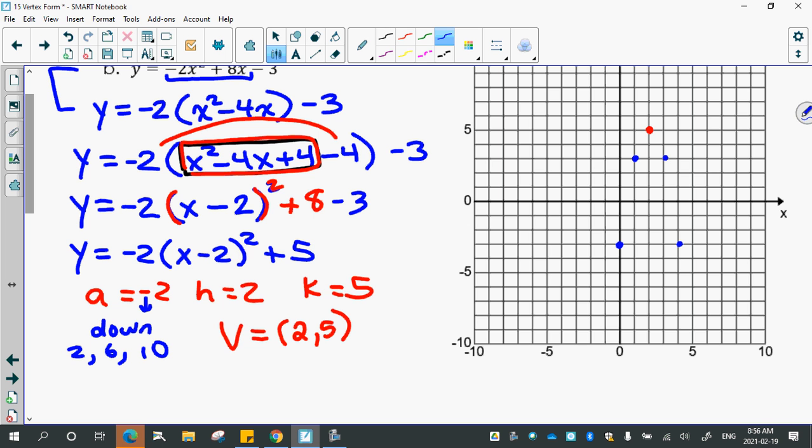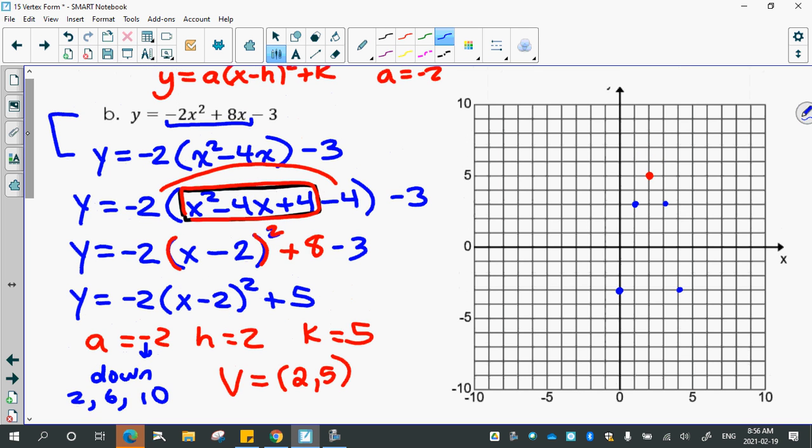I hit the y-axis though, so my y-intercept should be -3. Was my y-intercept -3? Yes. Okay, so that's a good clue that I did it right. Remember, this number in standard form represents the y-intercept. So then drawing your parabola.